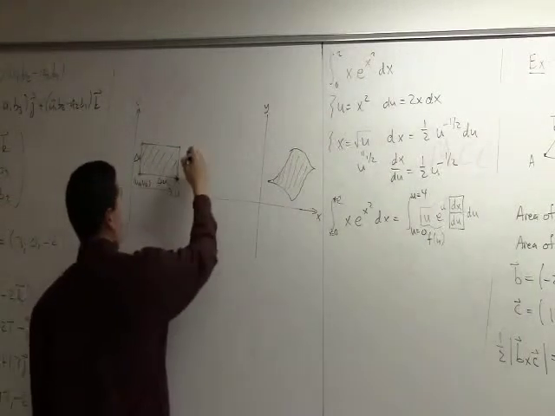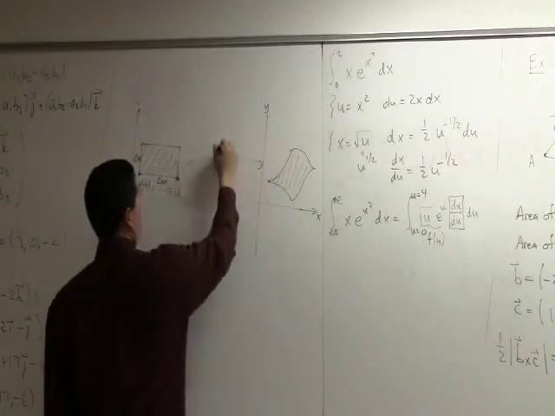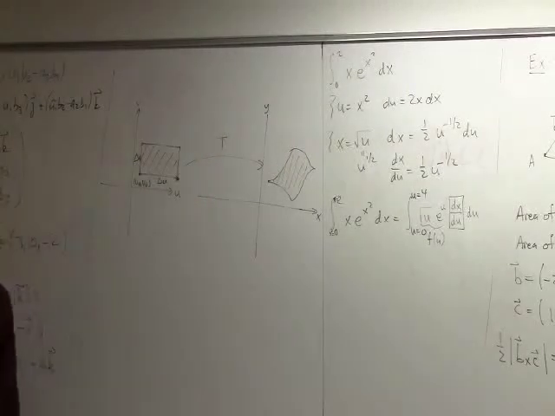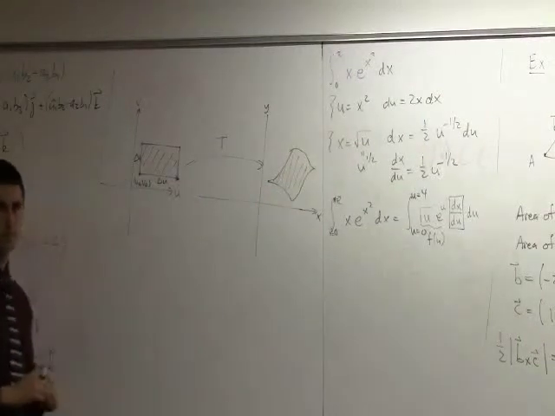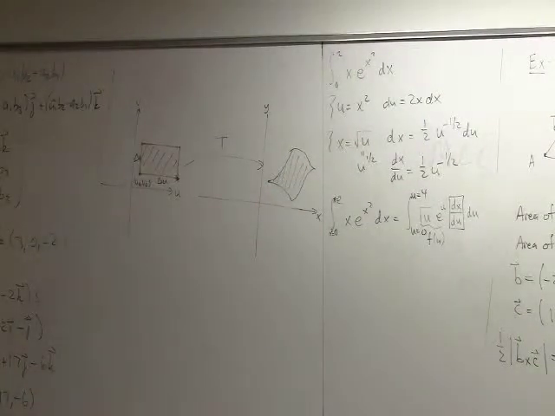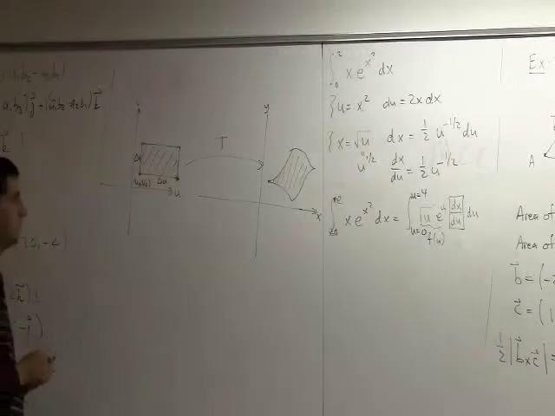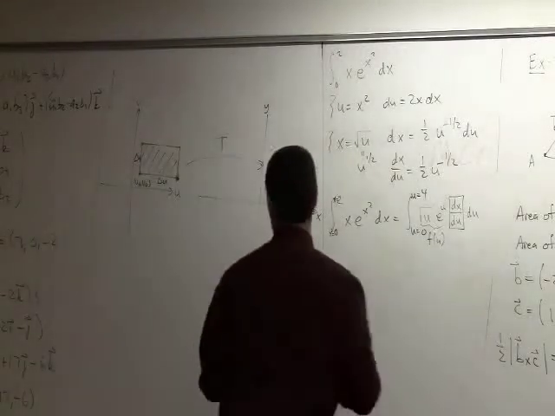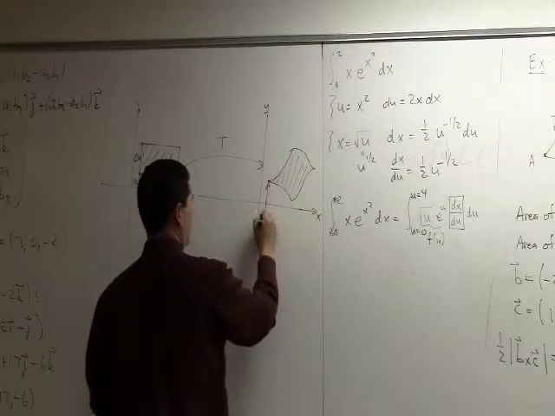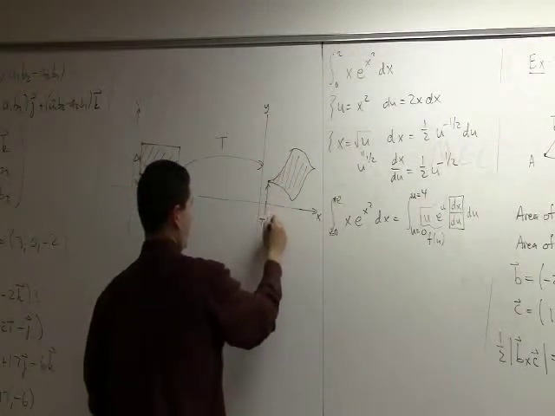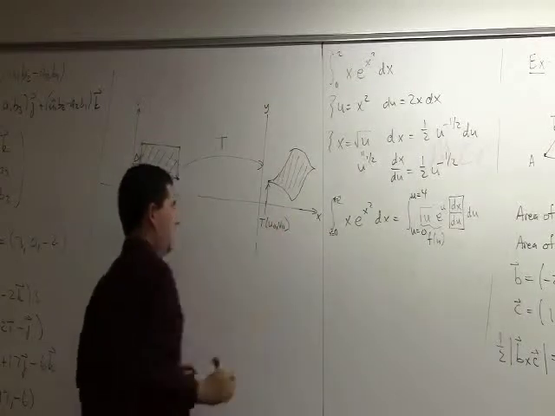And you try to define a map, which we'll call T, that takes this region and sends it over into this region. If you do that, then this point down here would correspond hopefully to your T of U naught V naught.